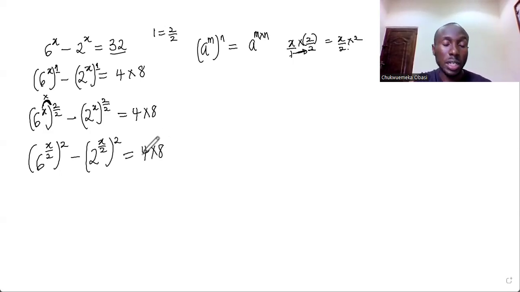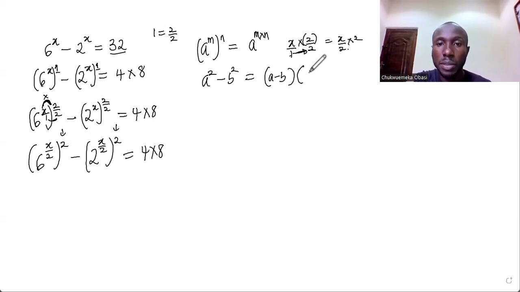Now, at this point, is it clear? What we did was, we are supposed to multiply, this is supposed to be 2x over 2, but I decided to multiply just this denominator because I want to preserve this power right here for the difference of 2 squares. Now, what is difference of 2 squares? If you have a squared minus b squared, the result will be a minus b times a plus b, right?